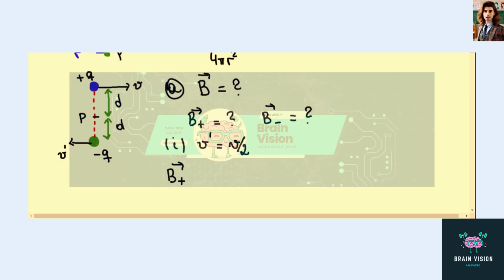Okay, so let's calculate B plus. Before calculating B plus, I'm going to calculate v times the unit vector in the direction of point P. Now notice that we can set up a coordinate system where the x-axis points to the right, the y-axis points upwards, and by the right-hand rule, z must be coming out of the screen. It points perpendicularly to both vectors and obeys the right-hand rule.